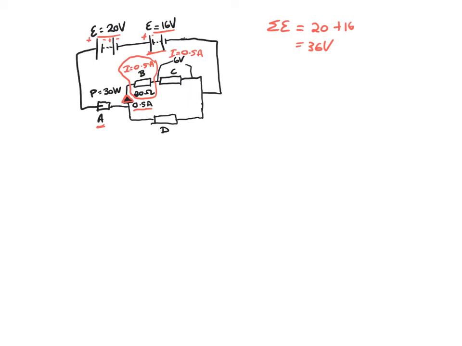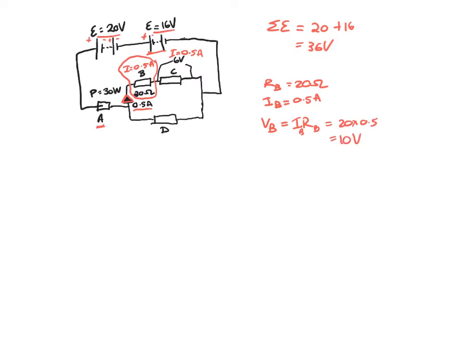So resistance of B is 20 ohms. Current through B is 0.5 amps. And I need to find VB, which will be I times R, which is 20 times a half, which is 10 volts.